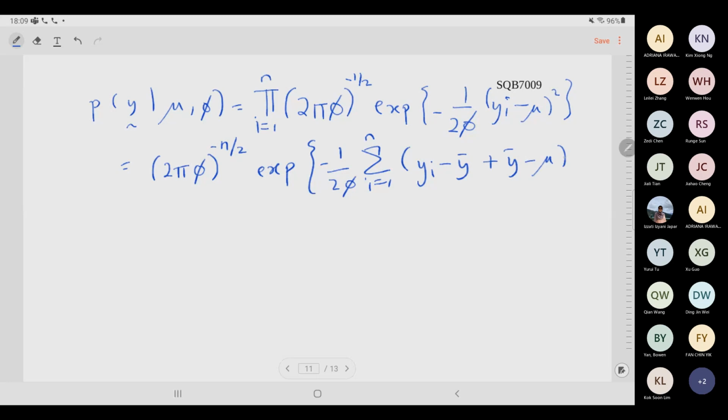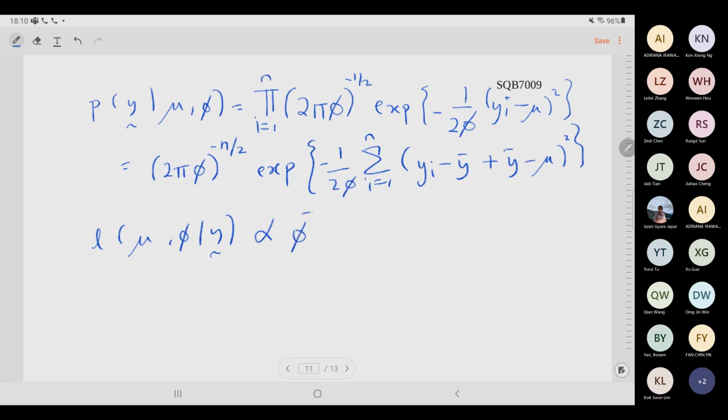Okay, so I subtract y bar and I add y bar, right? Okay, so there are steps here. So you actually will get to the next step because there are some assumptions, right? So if you look at the proportional, then you can further simplify.